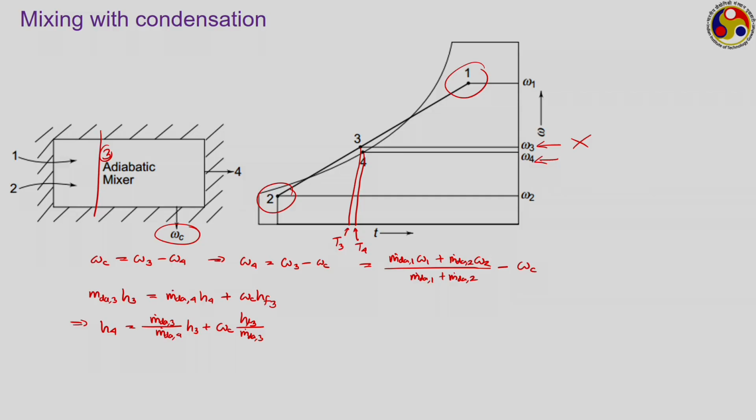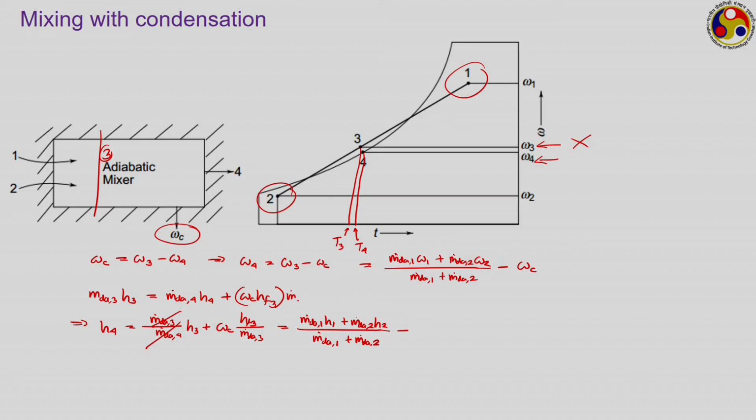Now, m dot dry air 3 and m dot dry air 4 are the same, because there is no change in the dry air quantity during this condensation process. So, it becomes just H3, these two cancel out, and we know that H3 can be written as m dot dry air 1 H1 plus m dot dry air 2 H2 by m dot dry air 1 plus m dot dry air 2. Here I have missed something.